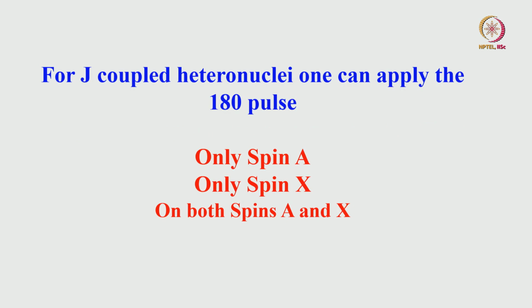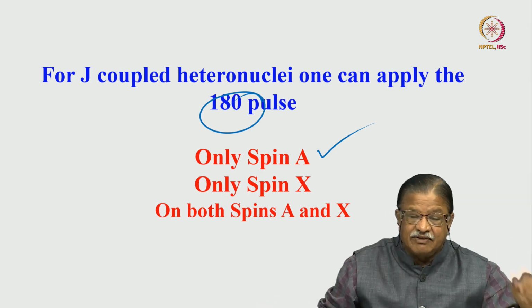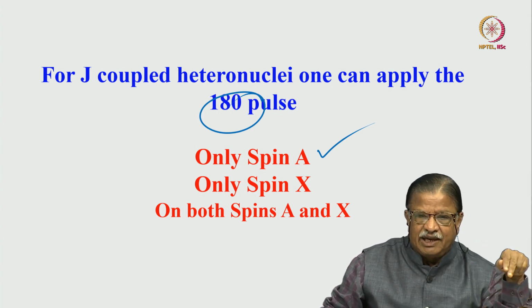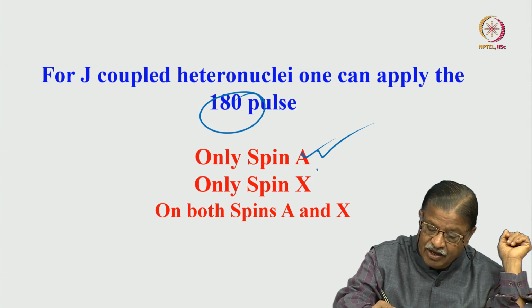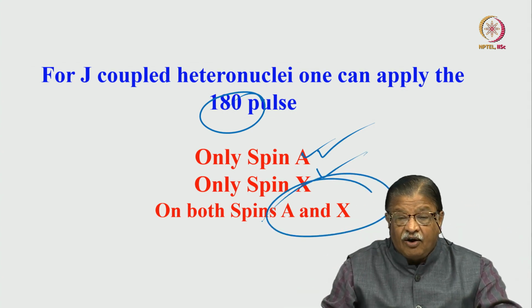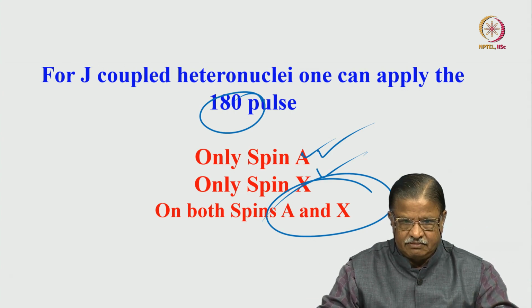For the J coupled heteronuclei, we can apply a 180 pulse only on the spin A. That is possible because heteronuclei are at different resonating frequencies, several megahertz apart. As a consequence, we can separately apply an RF pulse only on spin A, only on spin X, or both on spin A and X simultaneously. All three possibilities exist.